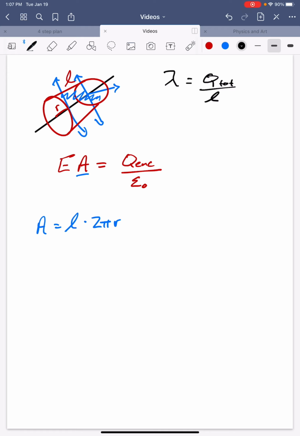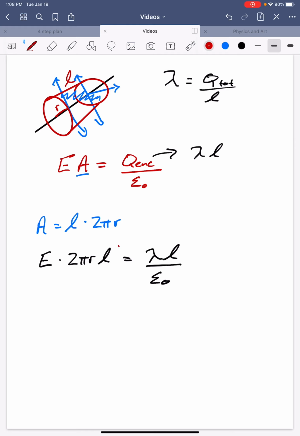And what's my Q enclosed in this case? Well, I really want to write it as lambda L because I don't know how long I'm making the cylinder, and eventually I'm going to make it infinitely long. So making that substitution, now I can say that E times 2 pi r L equals lambda L over epsilon naught.